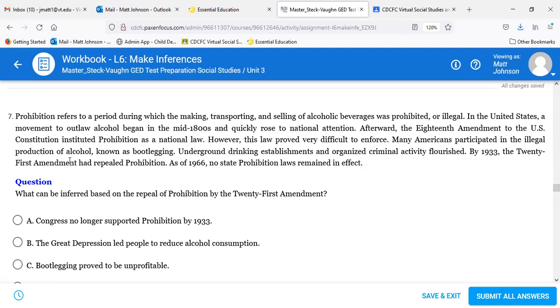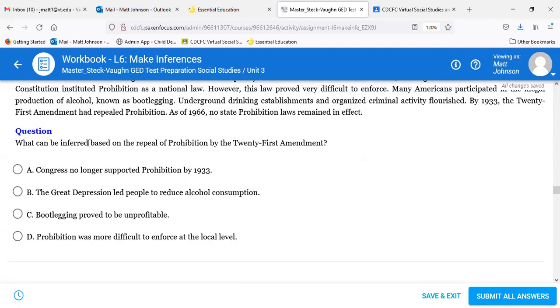So it did not work at all. We can see today that you would never know that there was such a thing if you just showed up in 2022 and looked around at, say, any sporting event or your grocery store, that we tried to outlaw all consumption of alcohol at one point in this country.